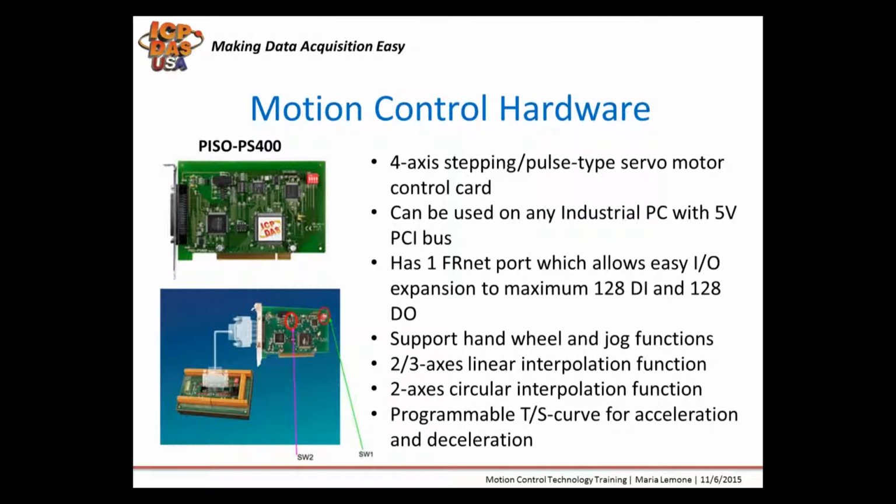The PISO-PS400 is a 4-axis stepping pulse type servo motor control board that can be used with any IPC with a 5-volt PCI bus. It contains an FRnet port, which allows fast and easy remote I/O expansion. The 2-wire FRnet bus can support up to 128 digital inputs and 128 digital outputs.